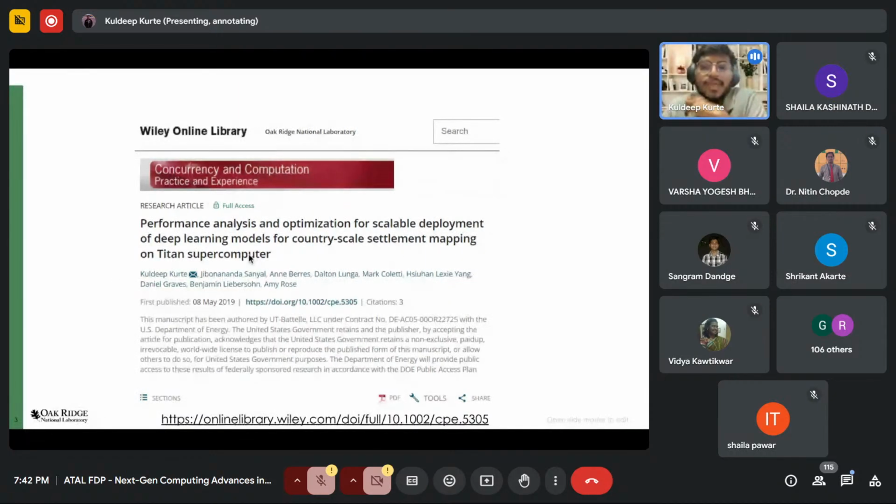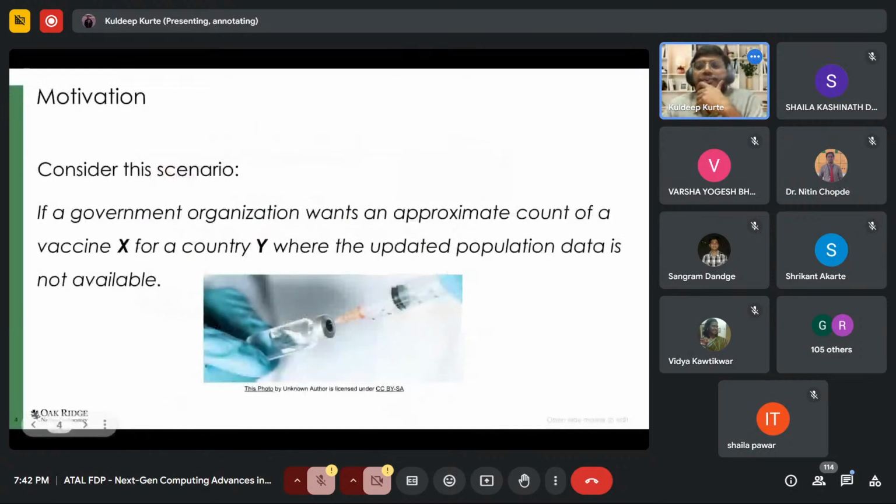I'll give you a brief of this application so that you will get the idea. Just to give you a motivation, consider this scenario. If a government organization wants an approximate count of a vaccine X for a country Y, where the updated population data is not available.